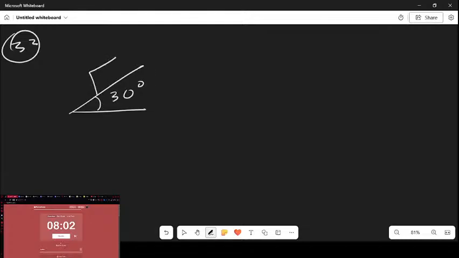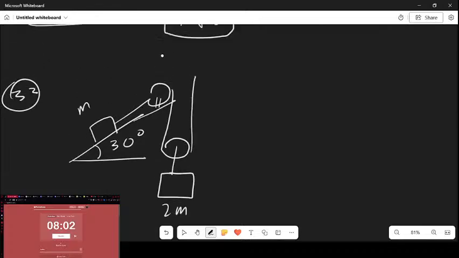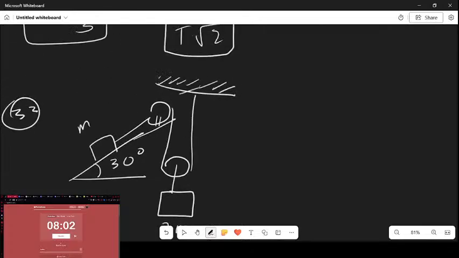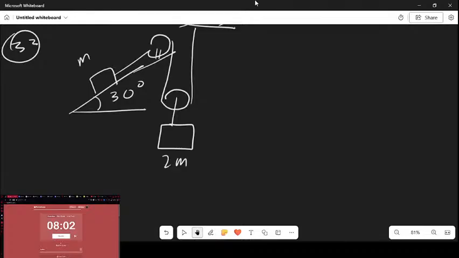Here, 30 degrees. Find the acceleration of the block of mass m in the situation shown in the figure.